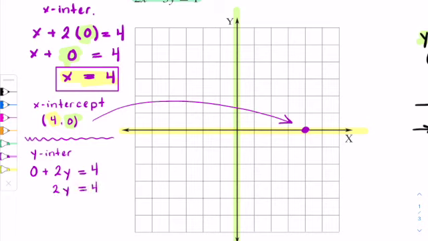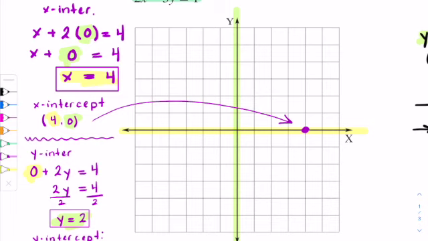Divide both sides by 2, and y is equal to 2. Again, I like to write it as an ordered pair because it is a point on the graph. This is at (0, 2). These numbers are because the x value is 0, we substituted that in, and we solved for y and came up with a y value of 2.